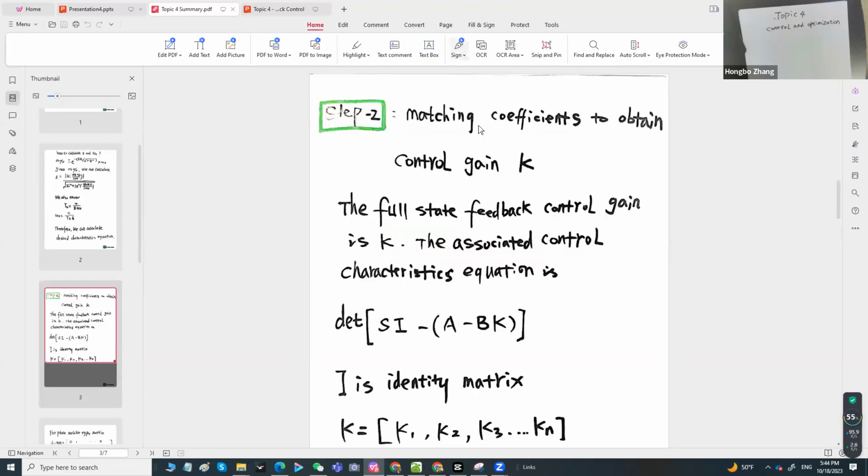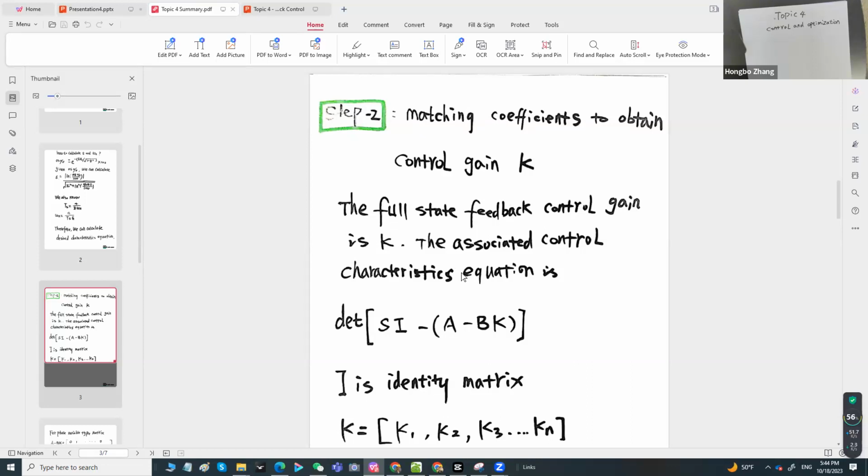Step number 2 is, after we get the desired characteristic equation, right? We want to match it to the control system. The goal here is to solve K, okay? Solve K here. So how come? That doesn't make sense to me, right? I mean, how can I solve K just by the desired characteristic equation?